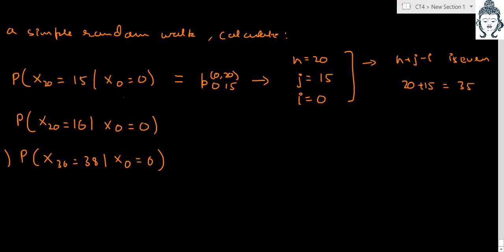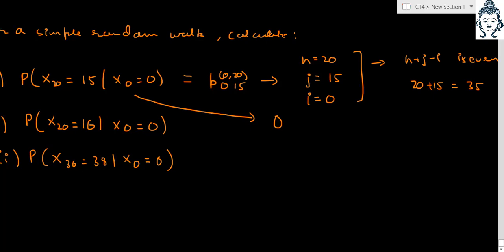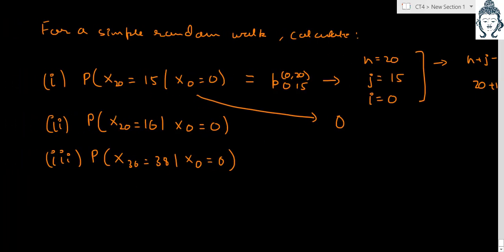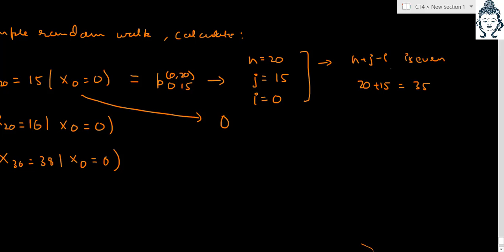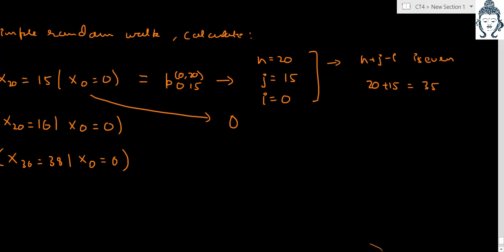So this entire probability becomes 0. It is impossible to get from 0 to 15 in 20 steps, because this does not come out to be even, so we cannot do it. So n plus j minus i has to be even for this to happen. So this one is 0.